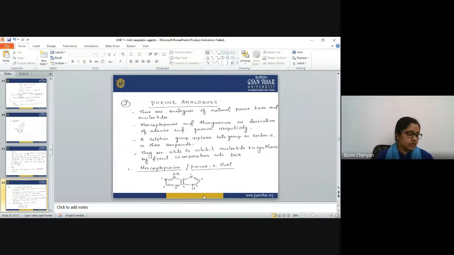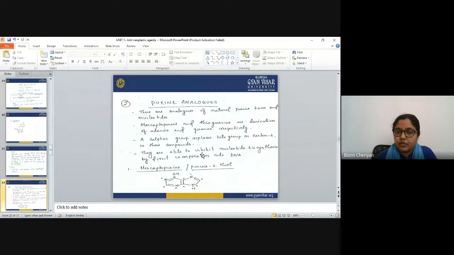In the purine analogs, a sulfur group replaces the keto group on the 6th carbon of the purine. This is the normal structure of the purine; at the 6th position, a sulfur group replaces the keto group. Keto group means C double bond O.